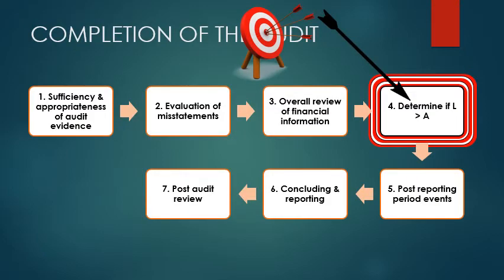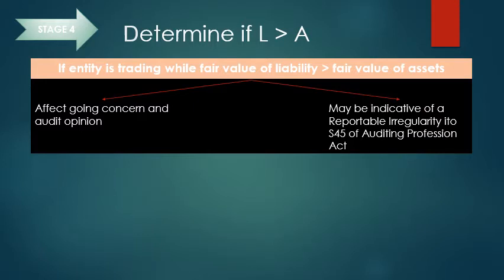The next step is step 4, which is where we determine if your liabilities exceed your assets. If the entity is still trading while the fair value of its liabilities exceeds the fair value of its assets, there are two things that you need to take into consideration.